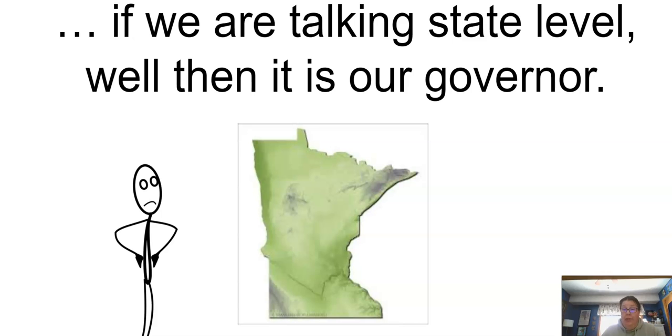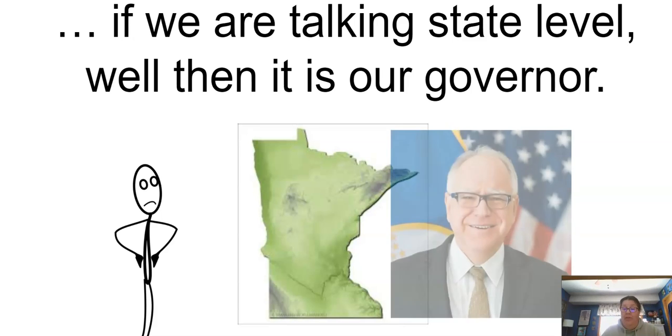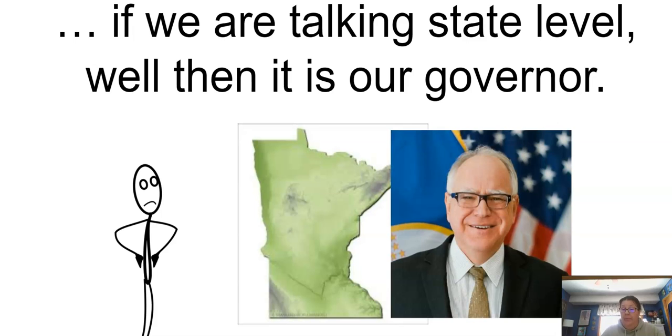Now, if we're talking state level, then the state of Minnesota is represented by our governor. And this is our governor, Tim Walz. He represents all the people of the state of Minnesota, but he does so at the state level. Okay? So, like the president oversees the entire nation, a governor is overseeing his entire state.